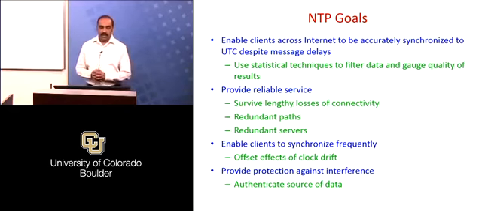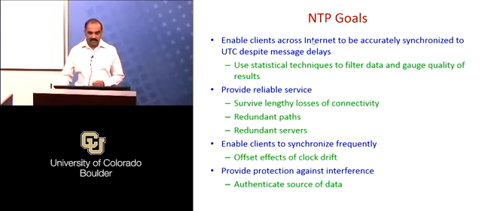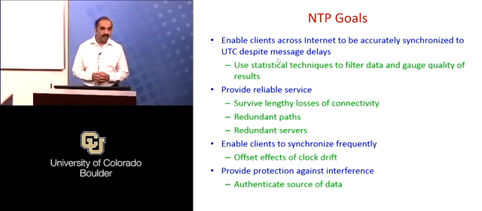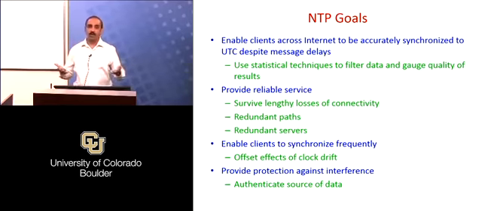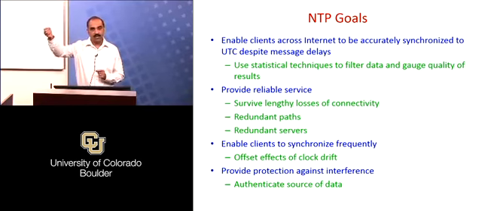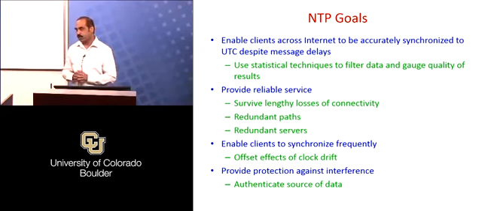The main goals of NTP are to enable clients across the internet to accurately synchronize their clocks to UTC despite message delays. Previously we looked at the basic protocol for synchronization, which is pretty straightforward: you send a message to the time server, receive a message, and then synchronize your clock.